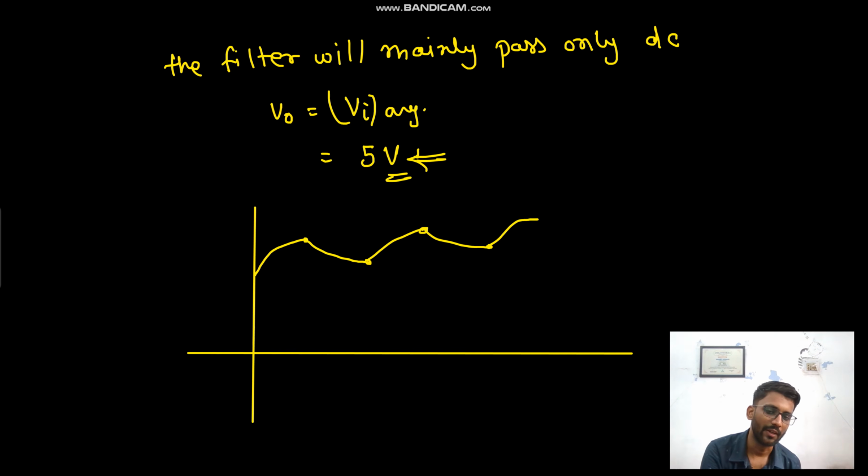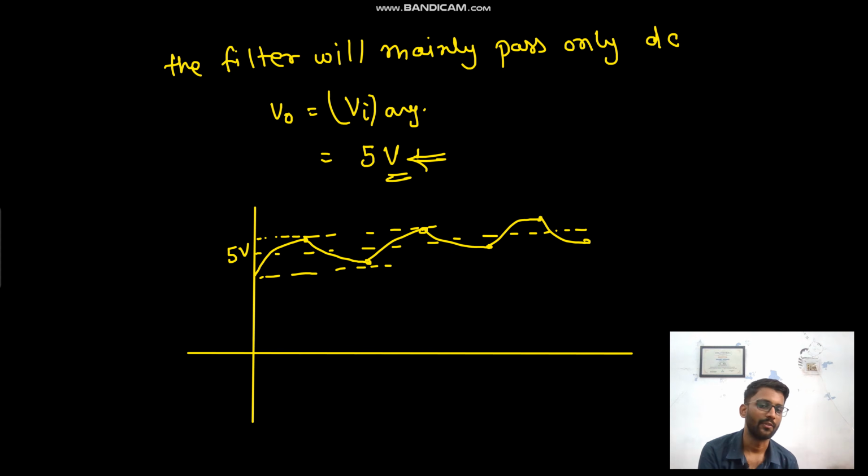This is the attenuation we will have, but the average value will be 5 volt. It will be nearly 5 volt. It will go 5.0001 and 4.99999. That's how it will go. But this complete value will be 5 volt.